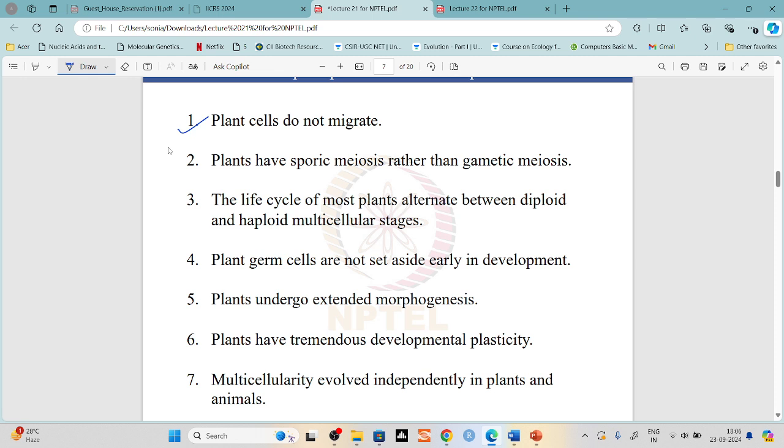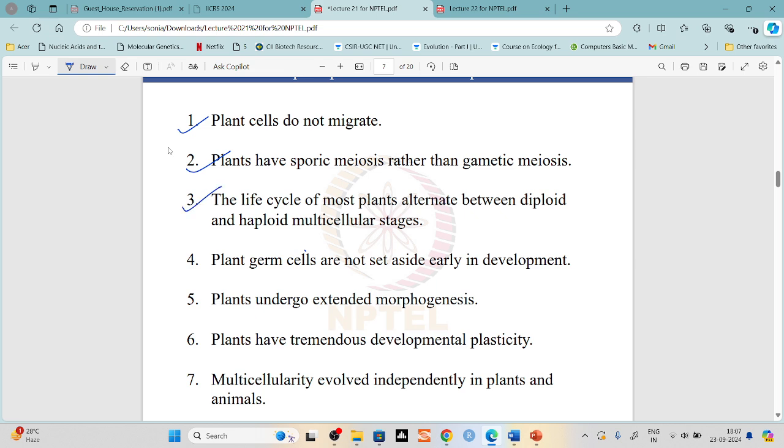That means plants do not have gametes. They have a different kind of meiosis process, known as sporic meiosis, because they have spores. Then, the life cycle of most plants alternates between diploid and haploid multicellular stages.